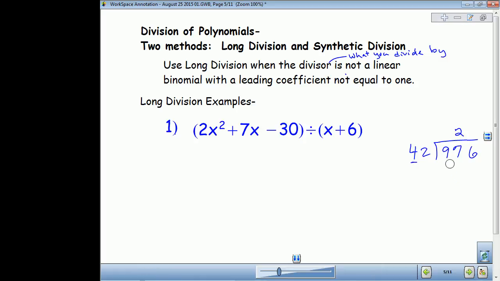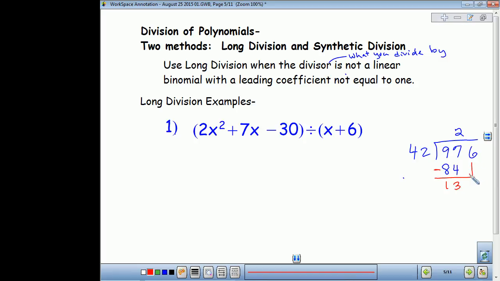Not 3. And so the 2 goes there. And then you said, okay, 2 times 42 is 84. Do you remember that? Yes. And then you subtracted, didn't you? Okay? And so that left us with 13.